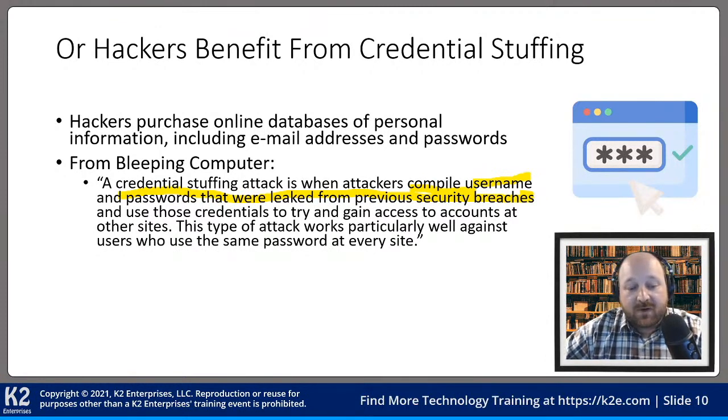So let's say, for example, I buy a list of passwords that were exposed in an XYZ company data breach, and I see that they weren't encrypted, so those passwords we know are still valid, and they were not salted and hashed, so they can easily be decrypted. And I see, for example, Steve was using AngelsBaseball123 on that particular website.